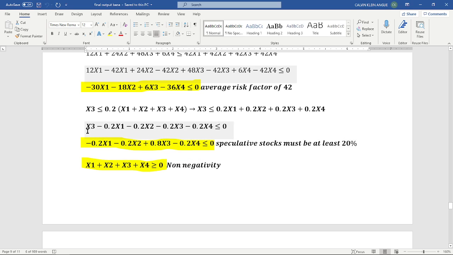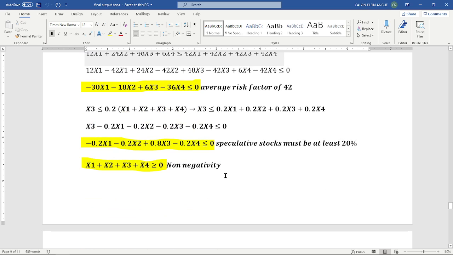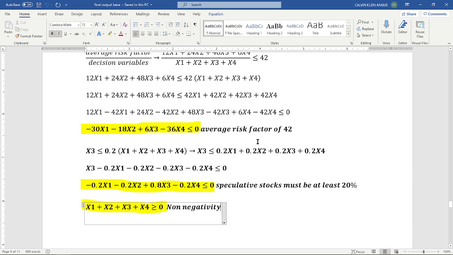When you solve the x3, it will be 0.8x3. So this is your fourth constraint. And always do not forget the non-negativity of our decision variables x1, x2, x3, and x4.